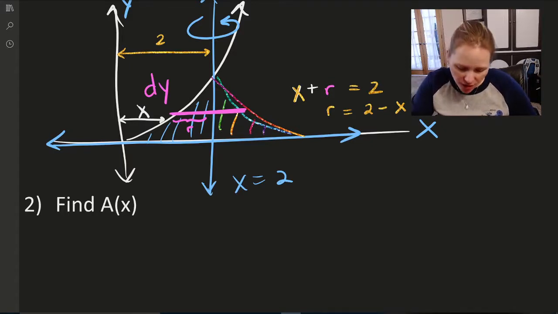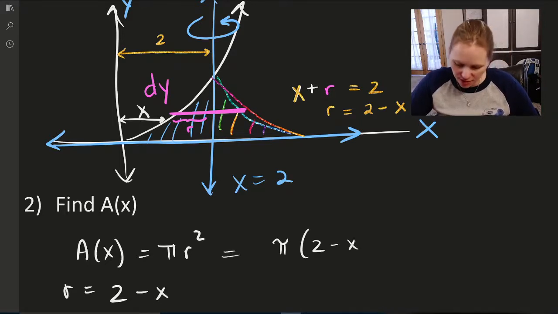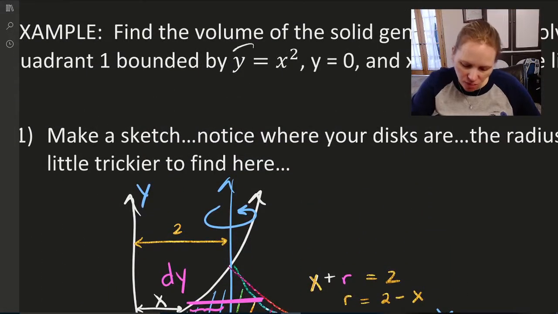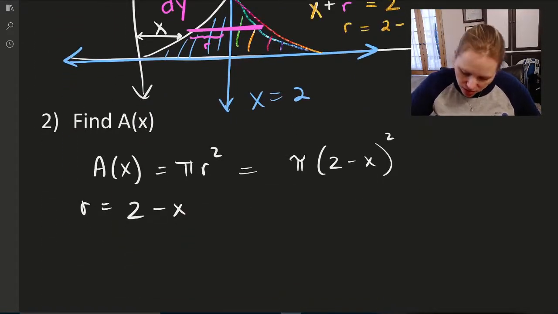So to find my area function is pi r squared, but r is 2 minus x. So it's pi times 2 minus x squared. Now I can't leave it as x because it's a dy setup. So I have to figure out what x was. So if I go up here, y equals x squared, that means x is going to be the square root of y. So I'm going to change that out, square root of y.